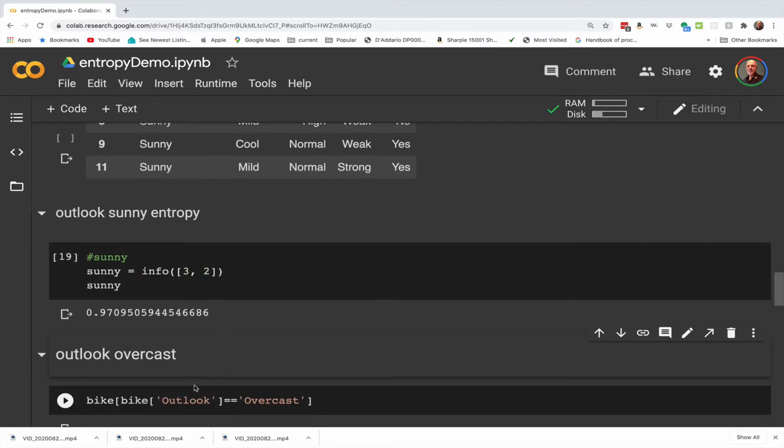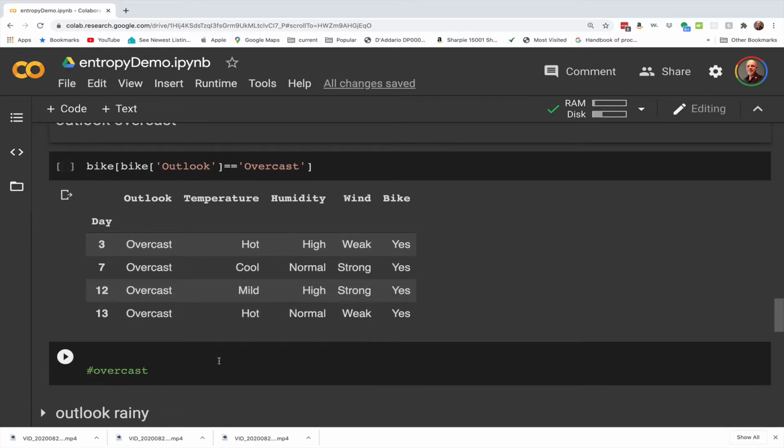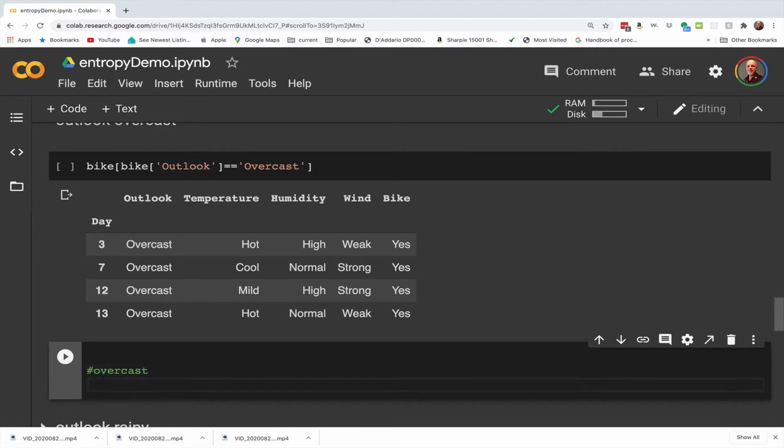9, 7. And overcast, here we see the overcast examples. Every time it's overcast, this person mountain bikes. Sweet. So let's just get that entropy. We know what it is. It's the same as the cat example, but might as well just do it for completeness.